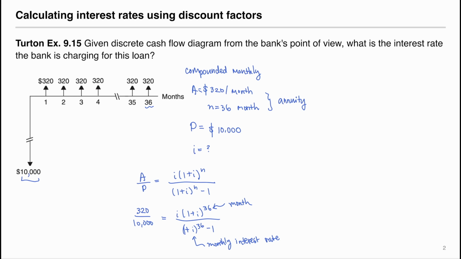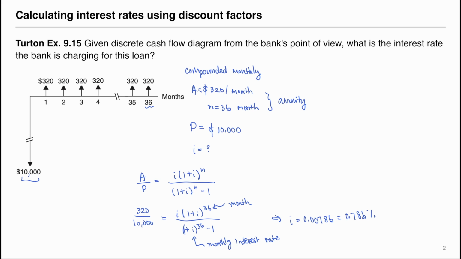And therefore, we have calculated a monthly interest rate of 0.00786, which is 0.786% monthly.